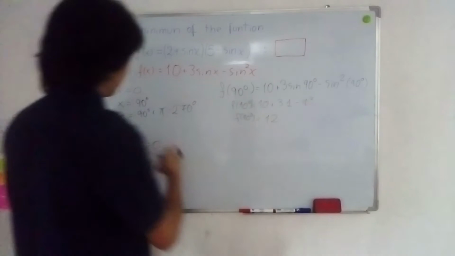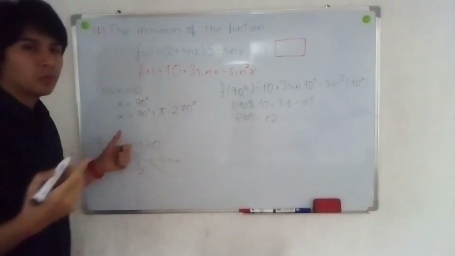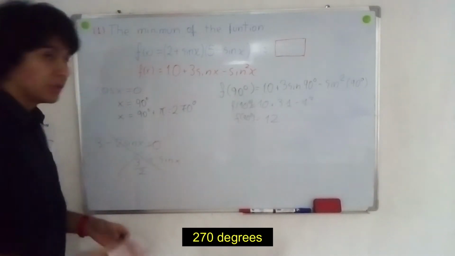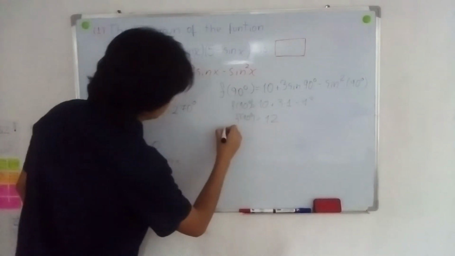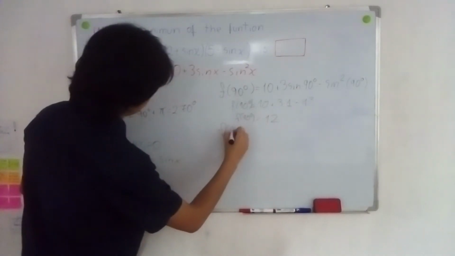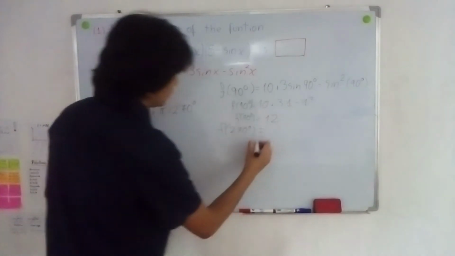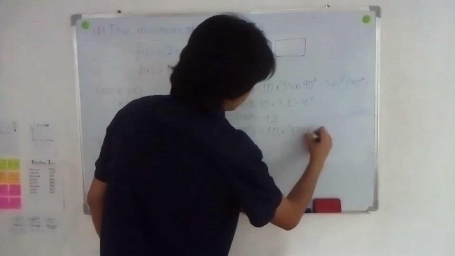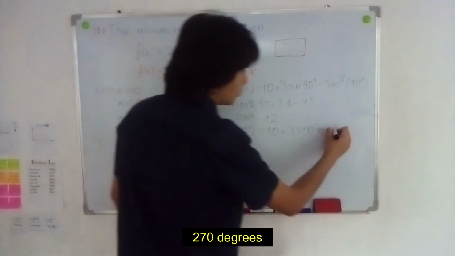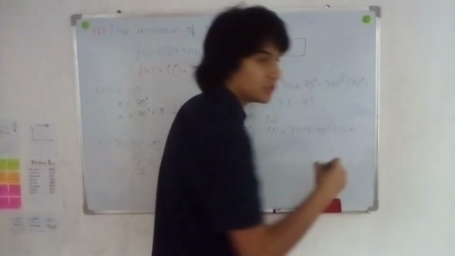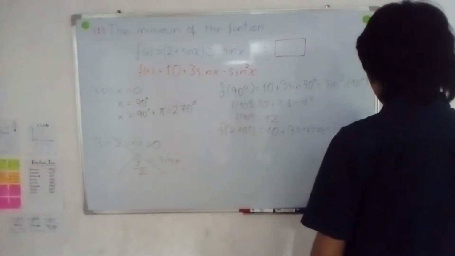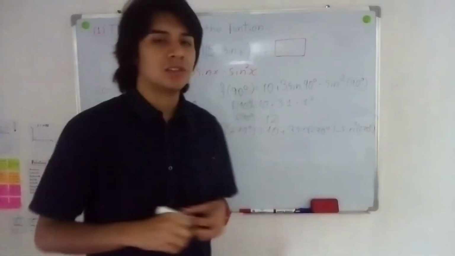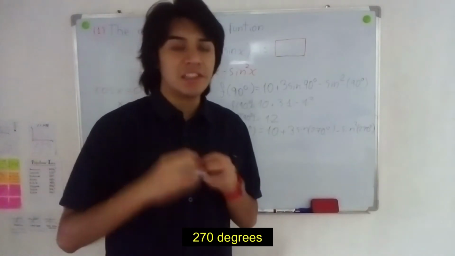We don't know yet if that is the minimum or the maximum. So what happens when x is 270 degrees? f of 270 degrees is equal to 10 plus 3 sine of 270 degrees minus sine square. So what is the sine of 270 degrees?